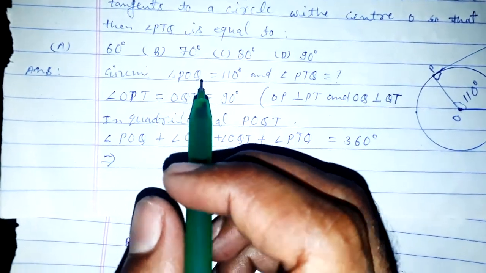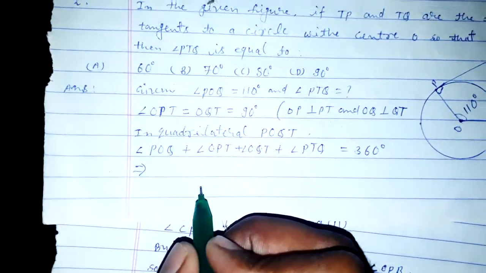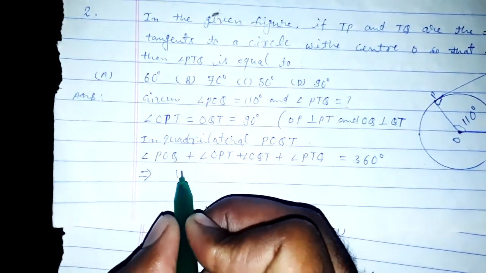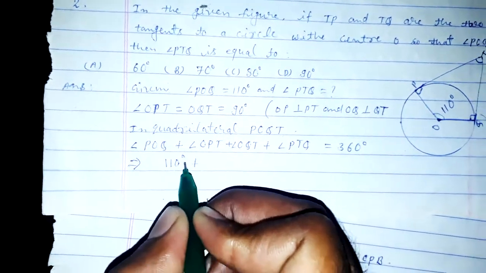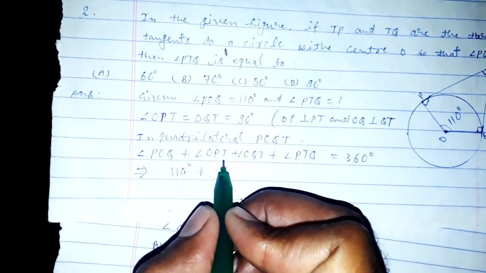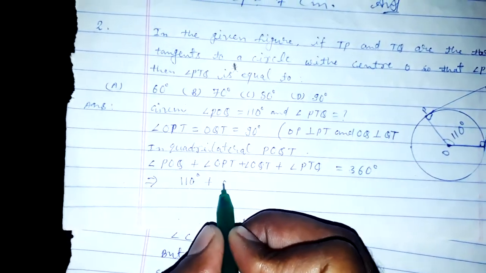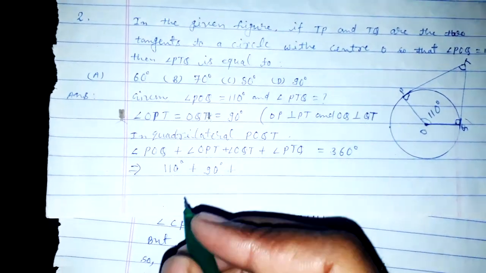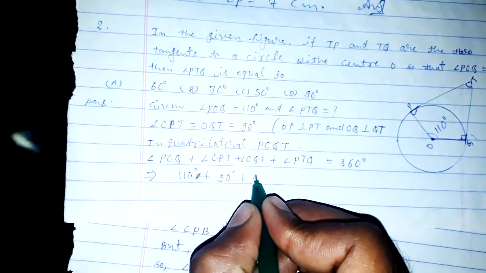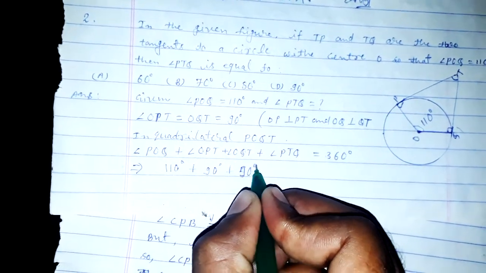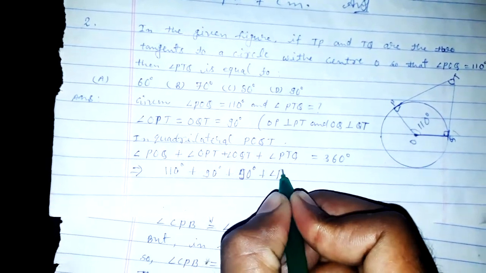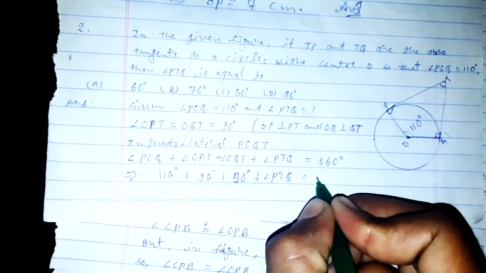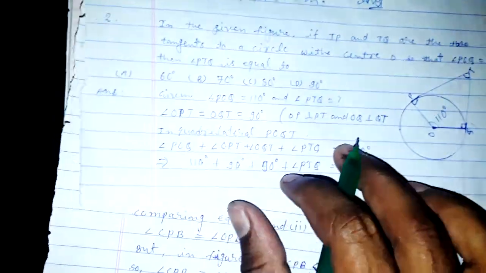POQ is 110. So this is 110 degrees plus angle OPT is 90 degrees plus angle OQT is 90 degrees plus this angle we find is equal to 360 degrees.